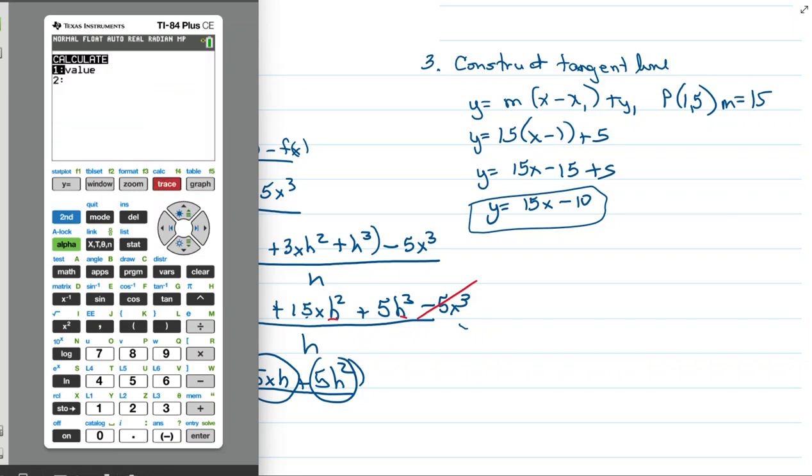Double check. It's garbage in, garbage out on the calculator, and your instructor put garbage in. Five and 5. There you are.